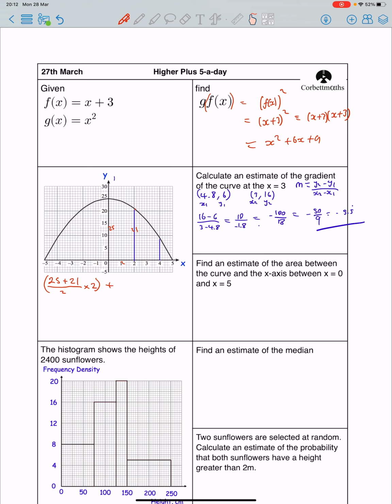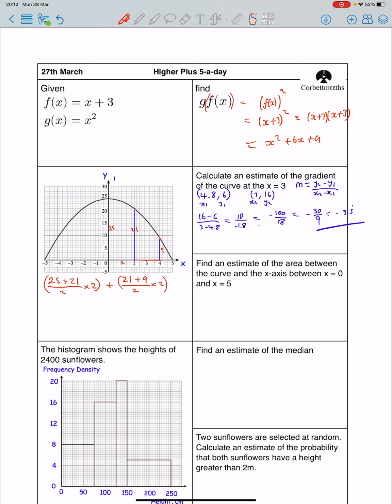The next trapezium, we've got a height here of, I'm going to go for 9. It goes up to 9. So that's going to be, again, half the sum of the parallel sides times the height between them. So you've got 21 plus 9 all over 2, and then times that by the height between them, which again is 2 between here.